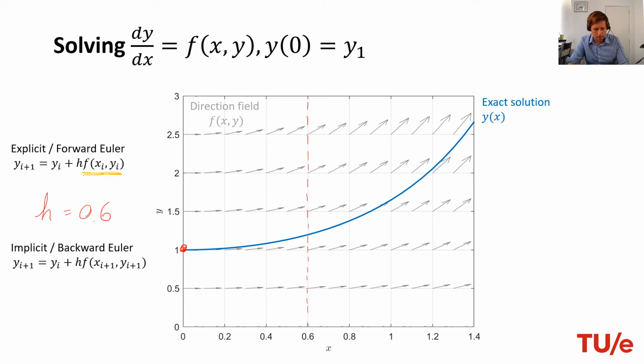Well, we evaluate the direction field, and in this case, this corresponds to a horizontal line, and we see where this horizontal line crosses this vertical dotted line, where x is equal to 0.6. So this is our explicit Euler solution. Let's call this x2 EE for explicit Euler.